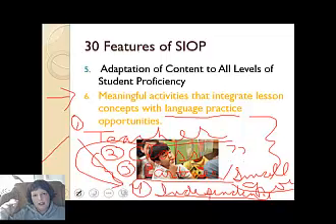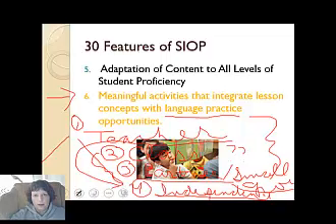When you do that, however, it would be helpful for me when I'm reading it to put in parentheses, if something is something that the emerging or entering student is going to do, put entering in parentheses after it. So just label what activities and what scaffolds are for which student, okay? But I'm really looking at the language objectives and then your adaptations to see if they are truly what the students need to be able to accomplish the content tasks of the day and also develop their language proficiency.